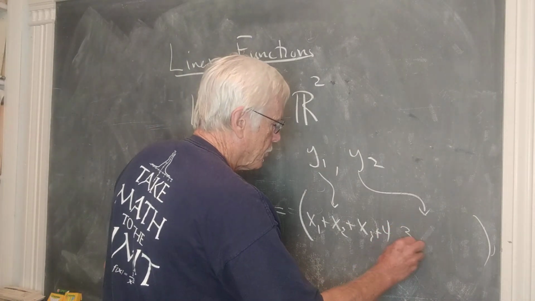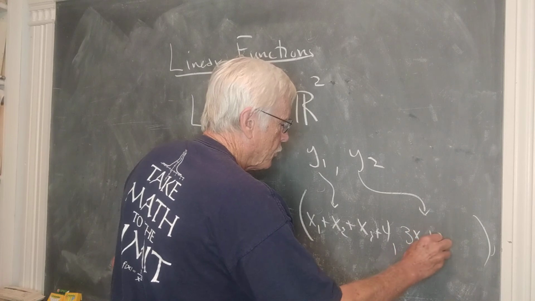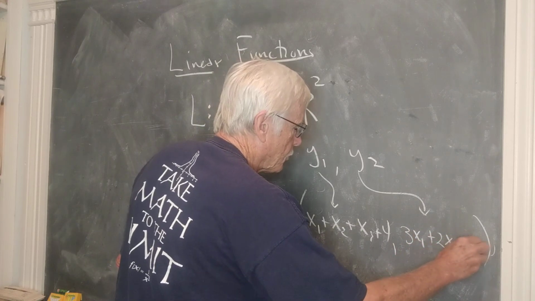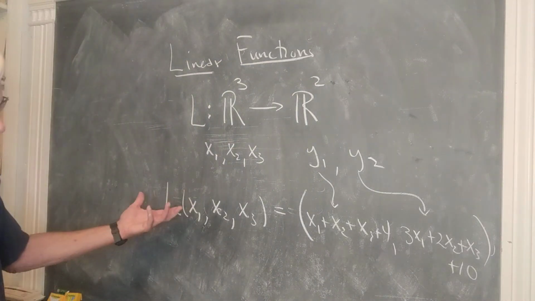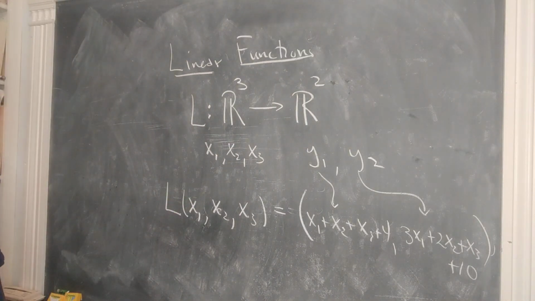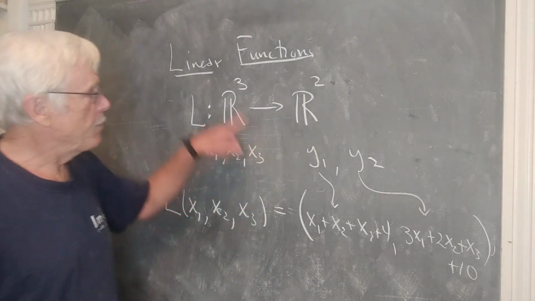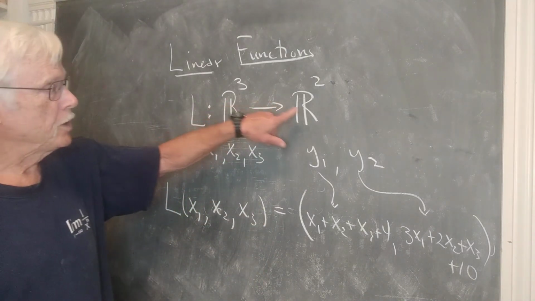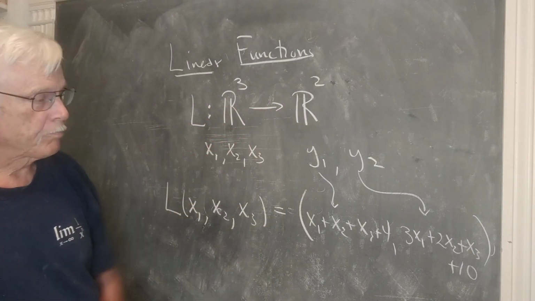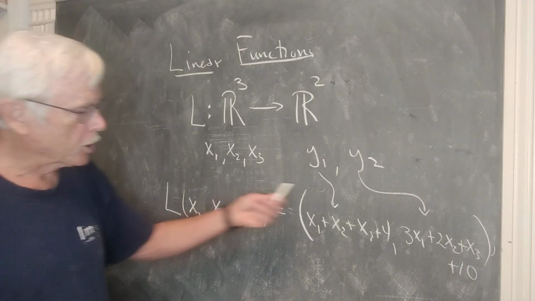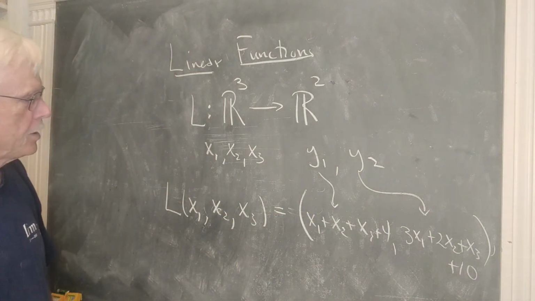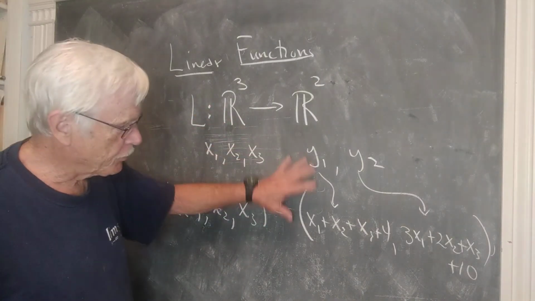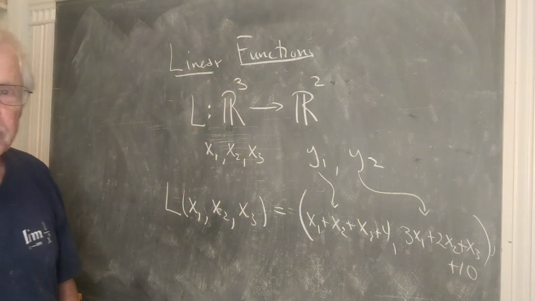And 3x1 plus 2x2 plus x3 plus 10. So such an equation will be a linear function mapping 3-dimensional space into 2-dimensional space. So we'll talk about these things. We'll be very interested in the ranges of such functions, the domains of such functions, and so on.